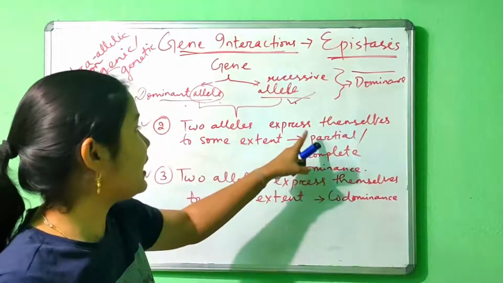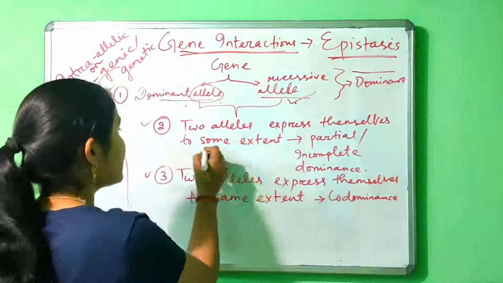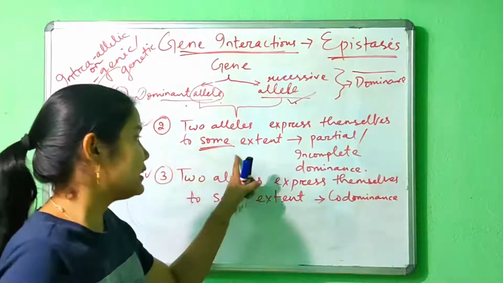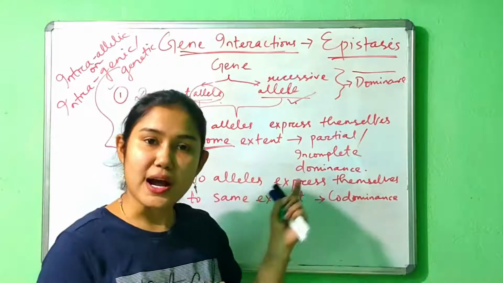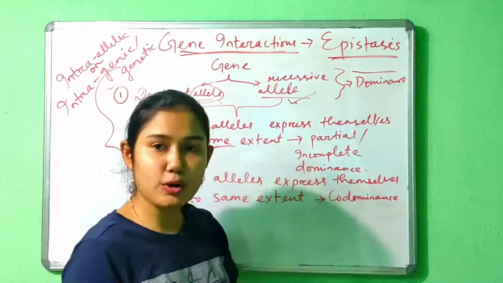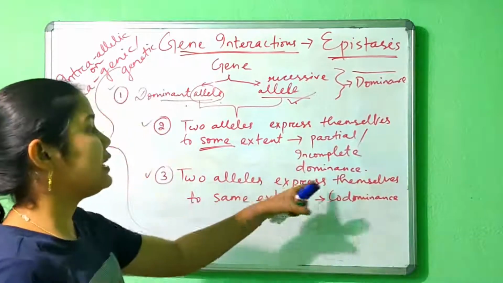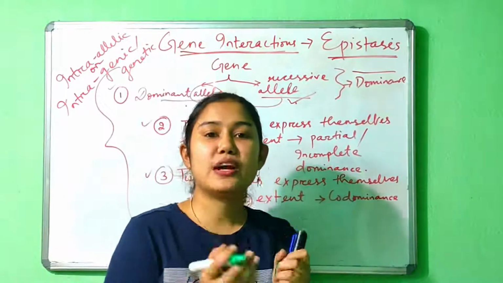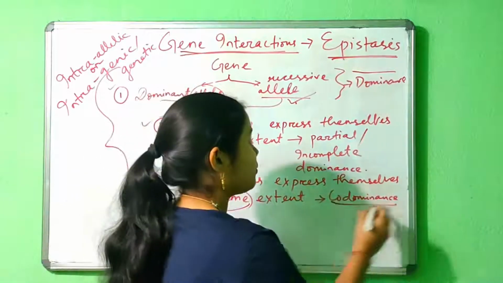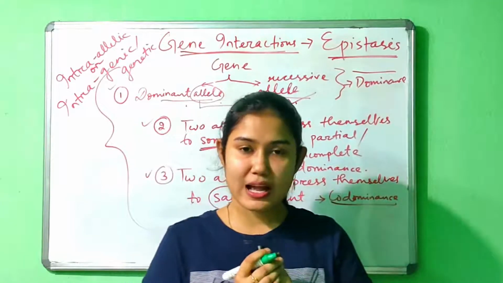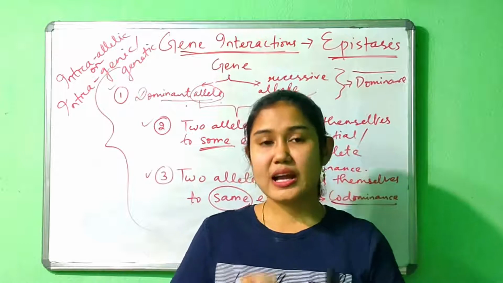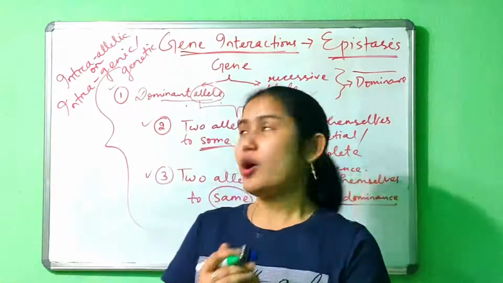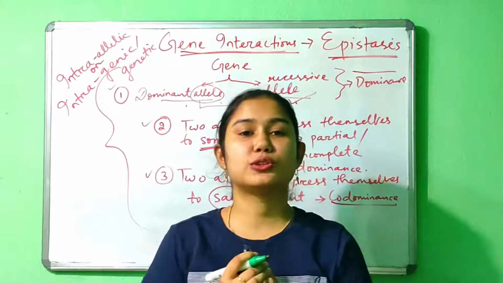If both are expressing themselves to some extent, then that phenomenon is known as partial dominance or incomplete dominance. And if the two alleles express themselves to the same extent, then we call it codominance. Right? Understood? Clear?